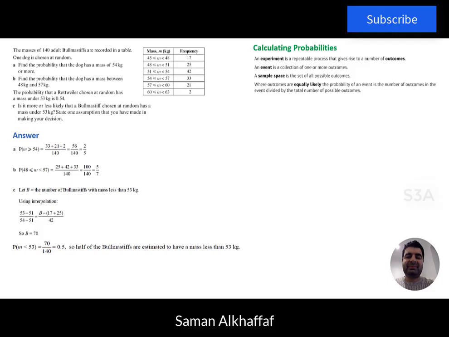Now, in terms of finding the probability of being less than 53 kilograms, we have 70, and that will be divided over the total of the frequency, which is 140, which will equate to half. So half of the bull mastiffs are estimated to have a mass less than 53 kilograms, and this will be our answer for this question. And also we need to explain this probability is lower than the probability of 0.54 for Rottweilers, and so it is less likely.